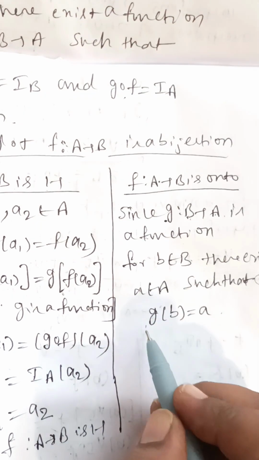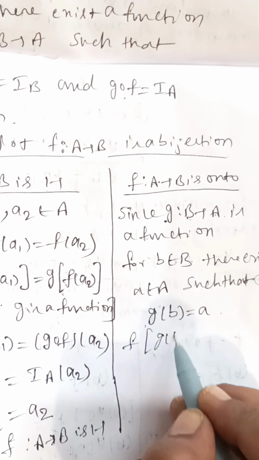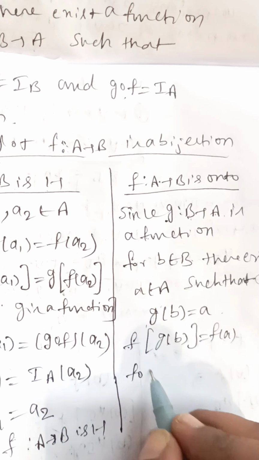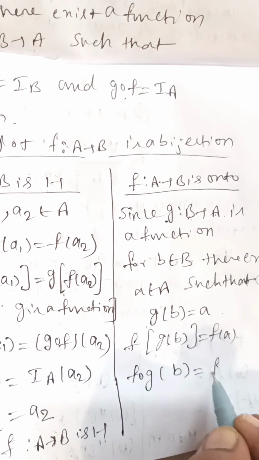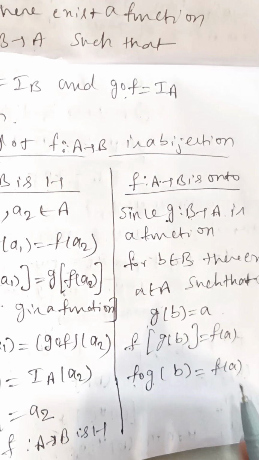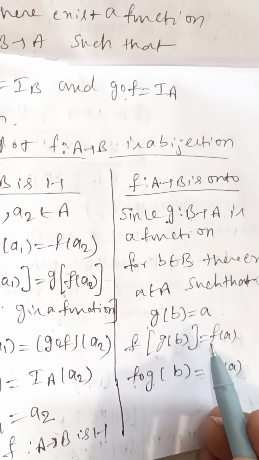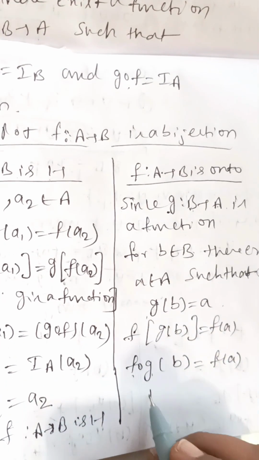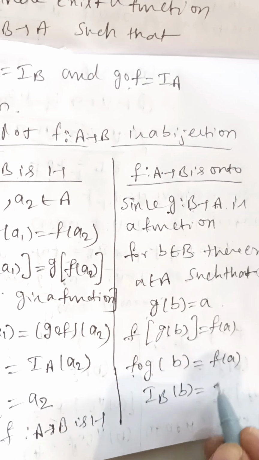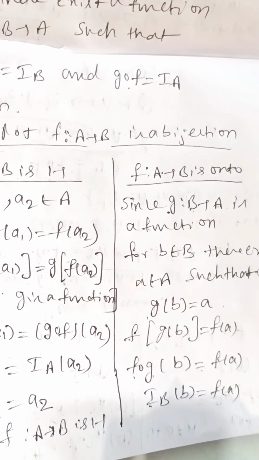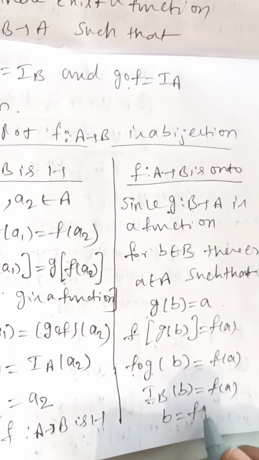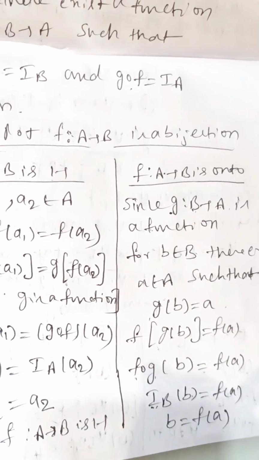Since f is a function, we can write f of g of b equal to f of a. f circle g of b equal to f of a. And f circle g is equal to I_B. So I_B of b equal to f of a. I_B is an identity function, so b equal to f of a.